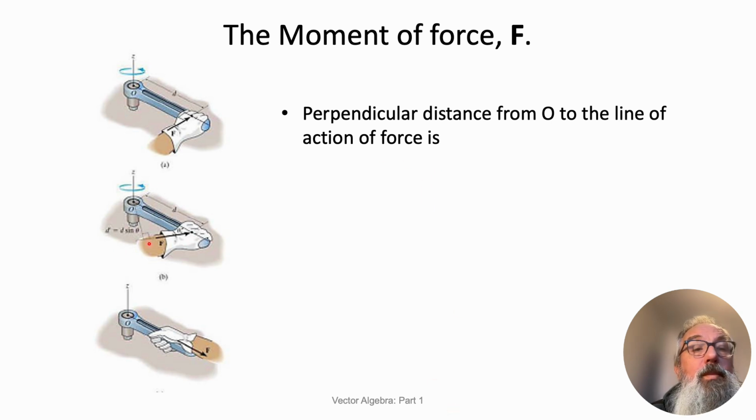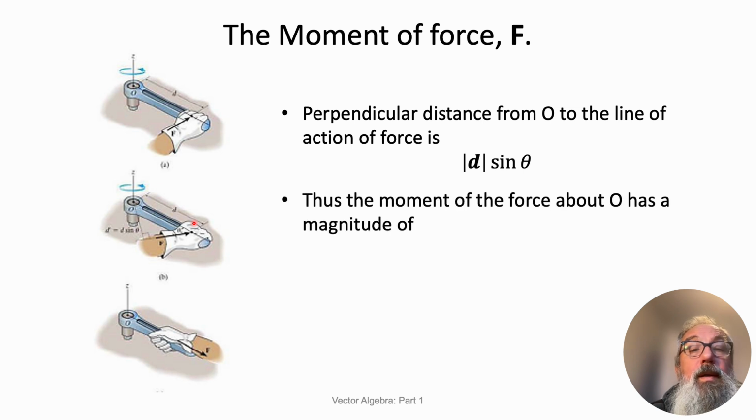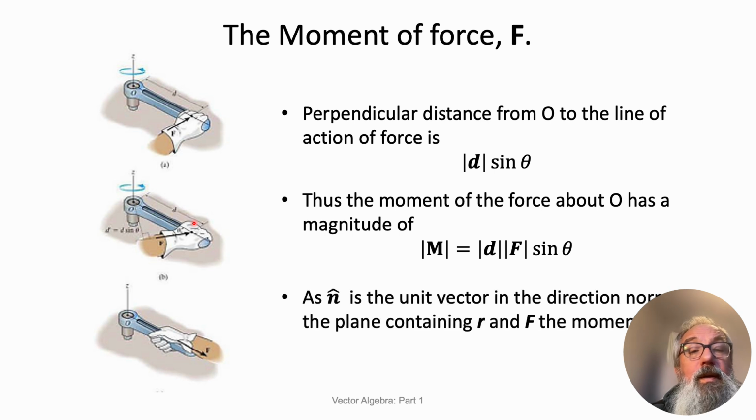We'll see that if it's pulling, the perpendicular distance here is here, and what was r in our last diagram was the length of the crank. So d sine theta is the lever arm that's normal to the force. So the moment required is dF sine theta, and n is a unit vector in the direction of the normal to the plane. So n is going to be acting vertically upwards in this case.